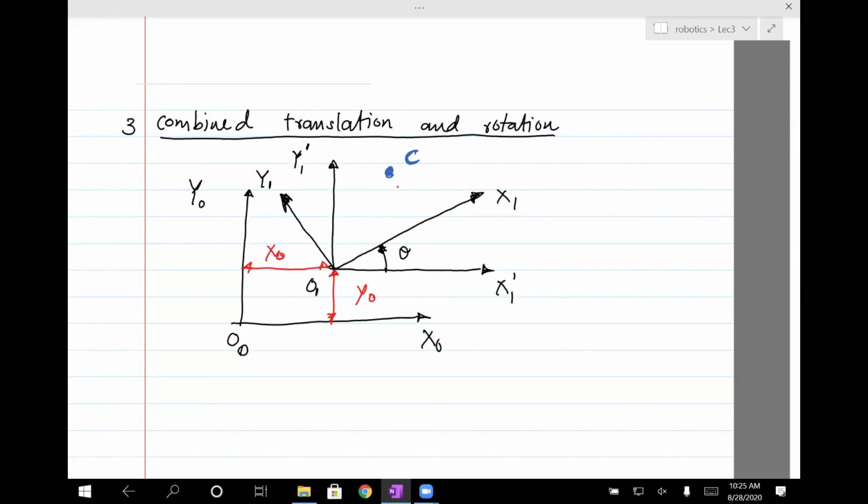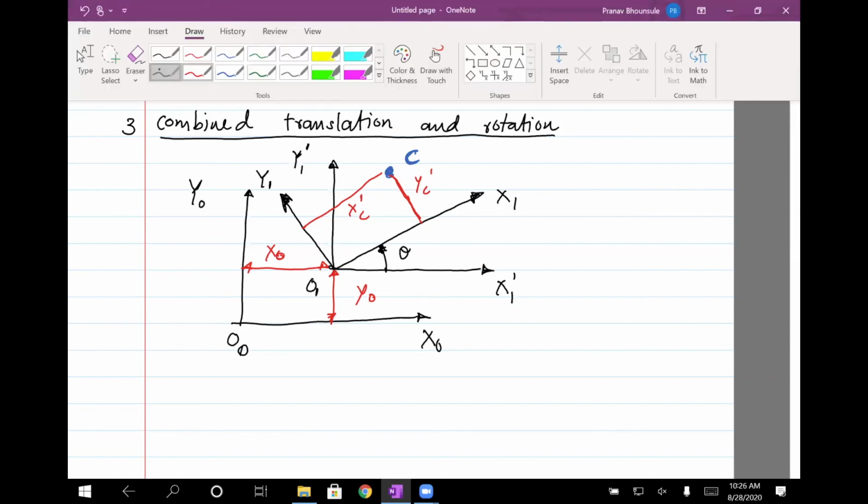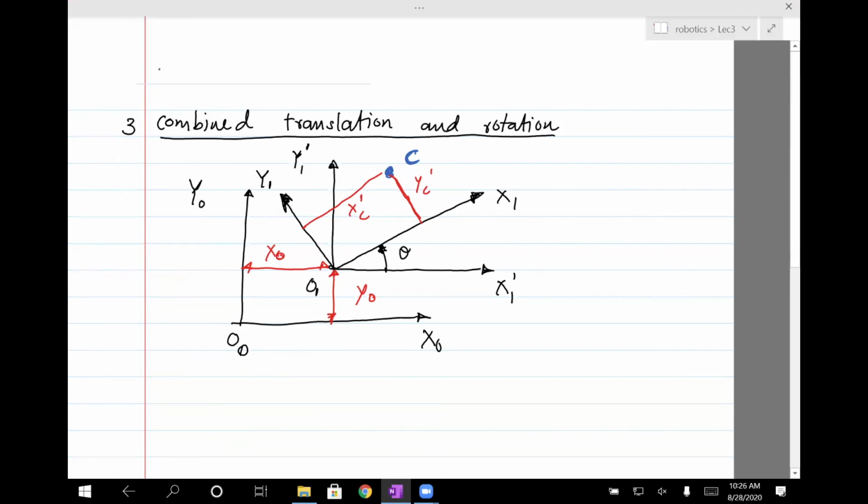So what we do here is we know xc1, yc1. And then we are trying to find how C moves with respect to frame 0. So what we have seen in the past in the other two sections was we could write the position of C1 prime.